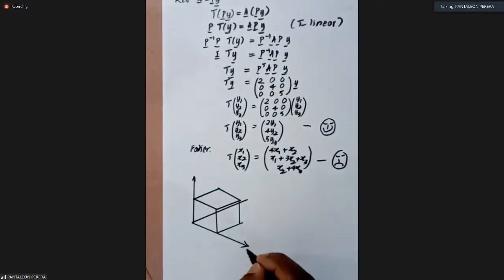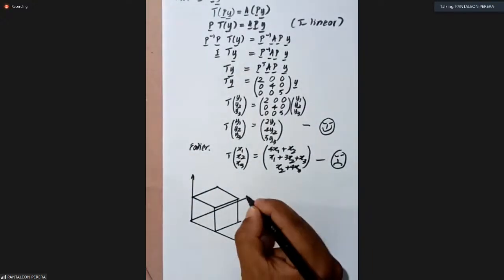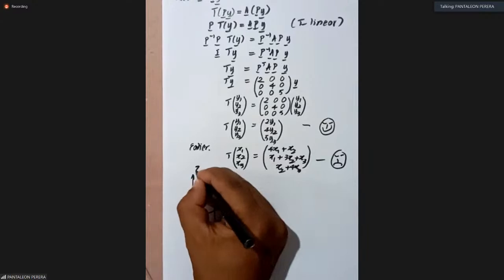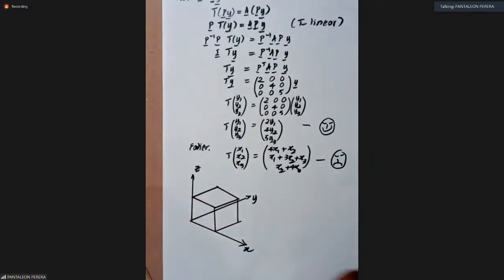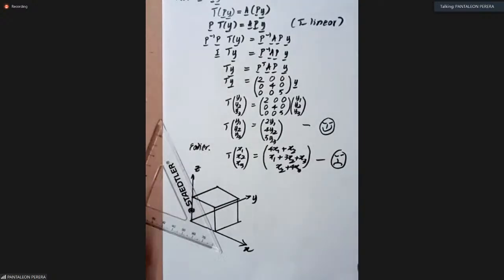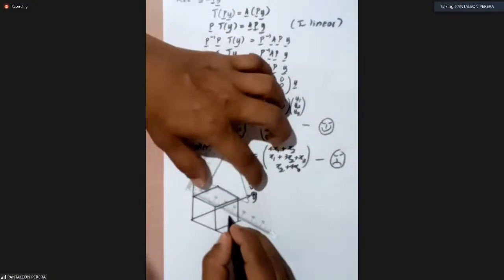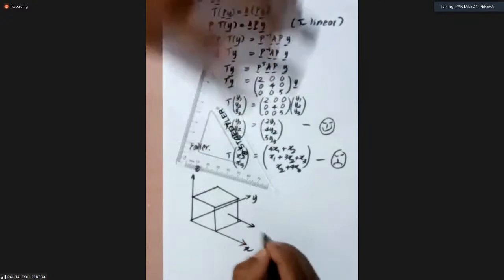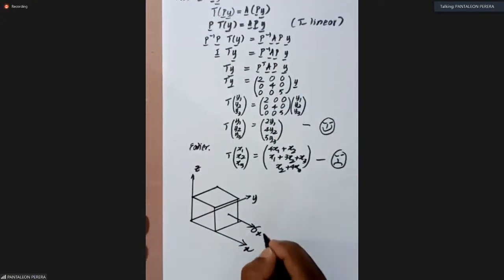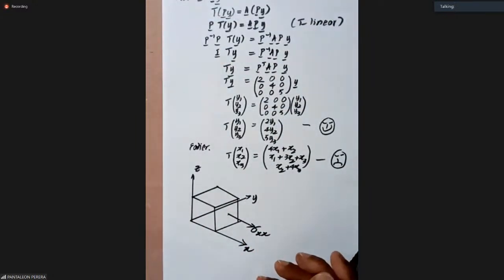This may be the east direction, this may be the north direction, this may be heading upward, right? Now there are some stresses. I don't want to explain everything here. This is called sigma xx. Is that clear? Correct. Yeah.